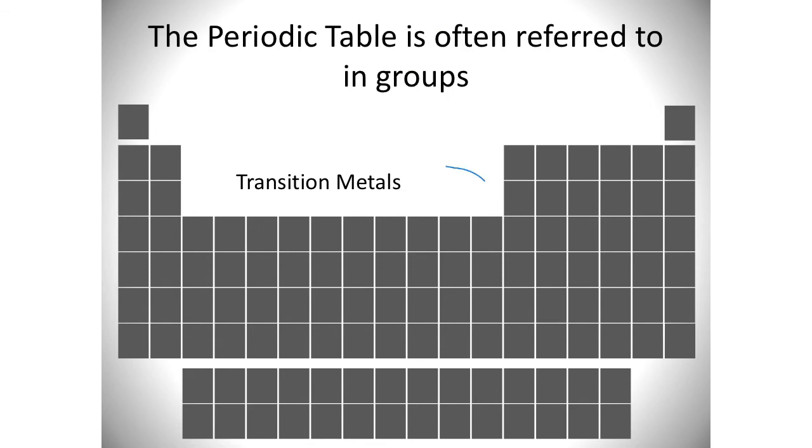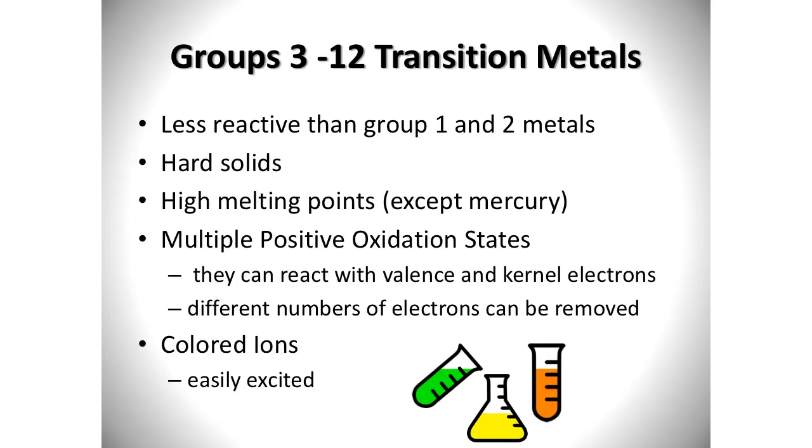All right, this middle group here is the transition metals. So groups 3 through 12. The transition metals are going to be typical metals. So all of our metals that we think of, like iron, copper, gold, they are in the transition metals, groups 3 through 12.